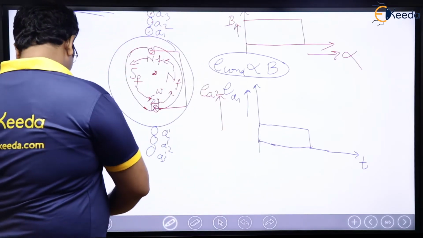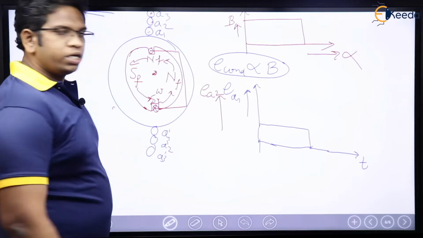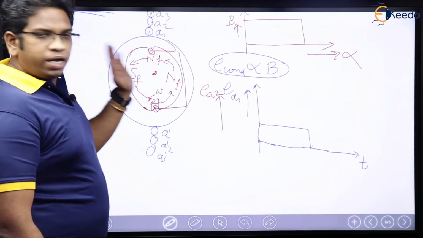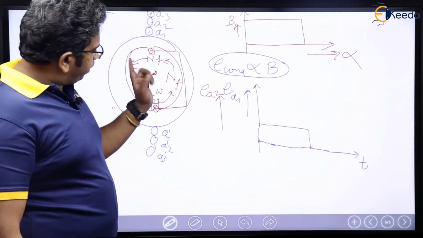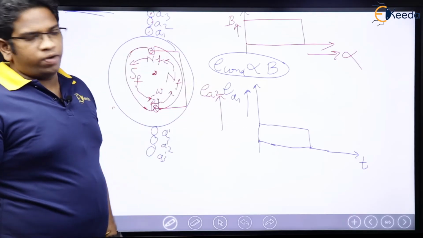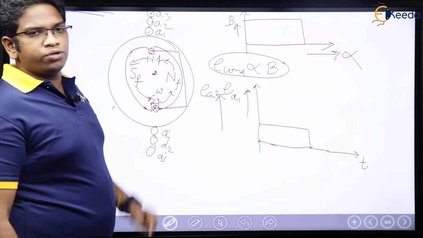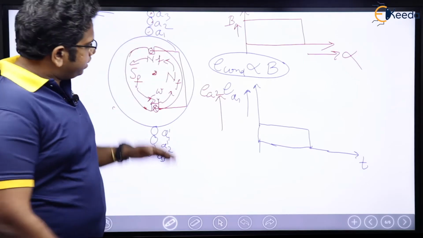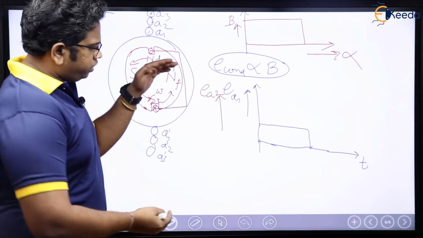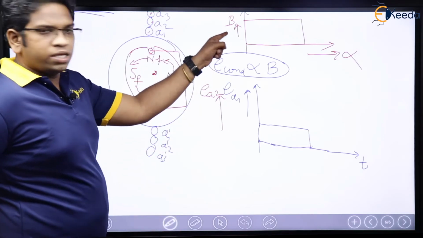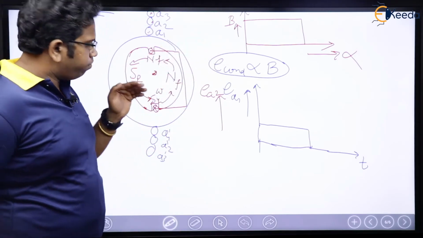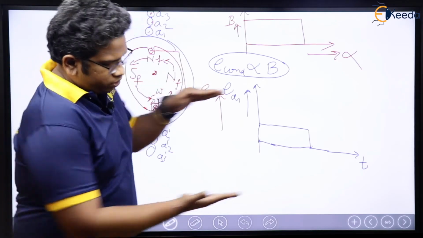Now, if you think of E2, at the same time when EA1 was maximum, at the same time only EA2 will also be maximum. And the same flux, see here, this is the MMF wave, right? This is nothing but flux, or we can say MMF wave. This is going to be that north and south.